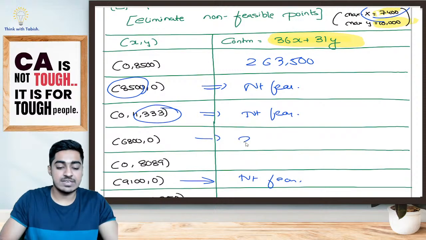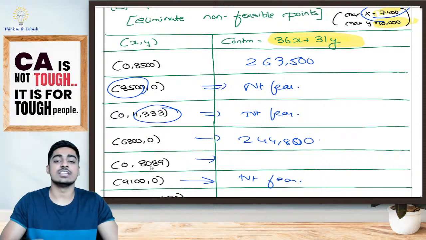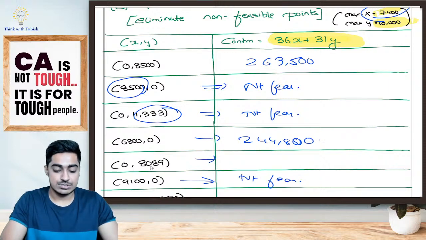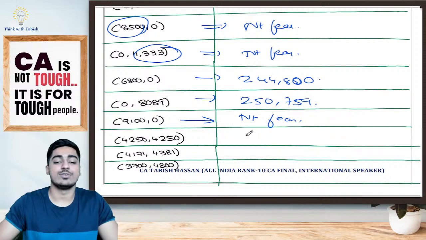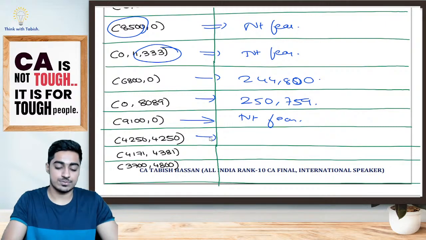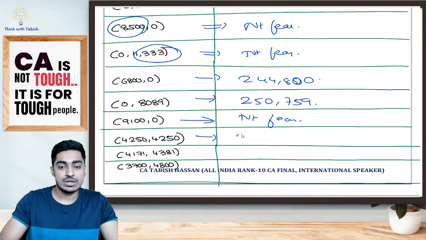Next, 6,800 units of X into 36. Yes, we are not selling Y, we'll be getting 2,44,800. Again, 0, 8,089. It is 31 into 8,089, which is 2,50,750. Again, 4,250 X, 4,250 Y. It is 4,250 into 36, 4,250 into 31, 2,84,750.